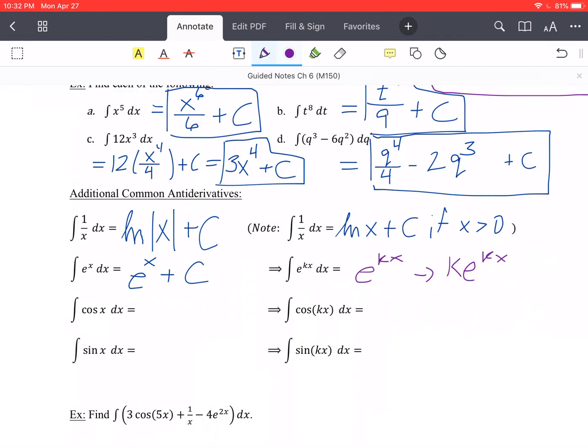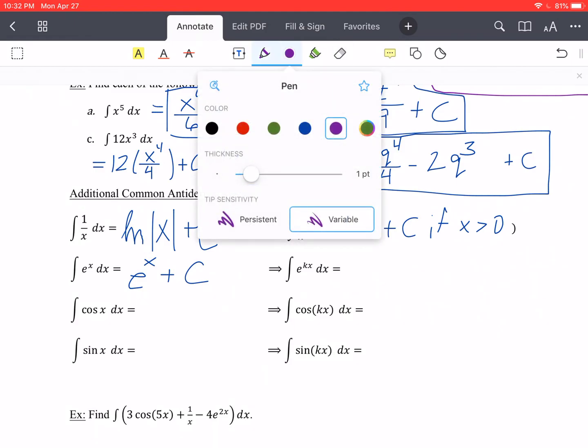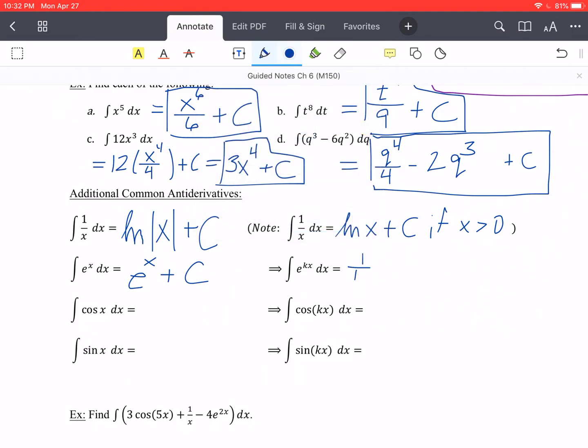We need to get rid of it, and we do that by dividing it away. So we divide this solution by k and get 1 over k times e to the kx plus c. Dividing by k helps undo that bit of chain rule, that bit of the inside function.